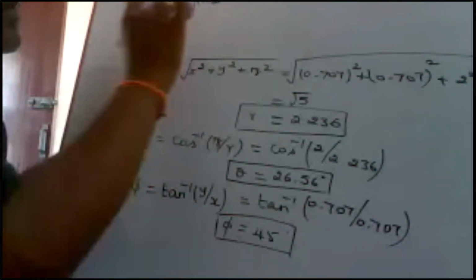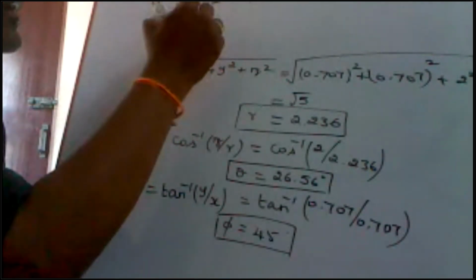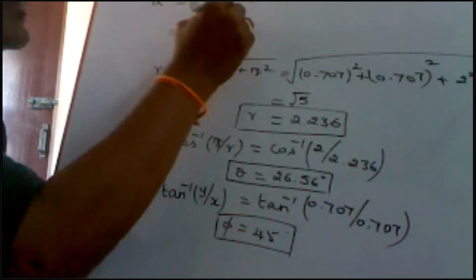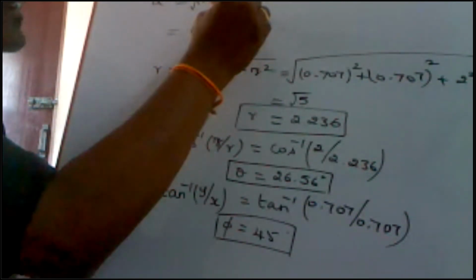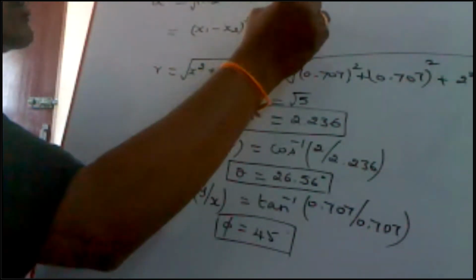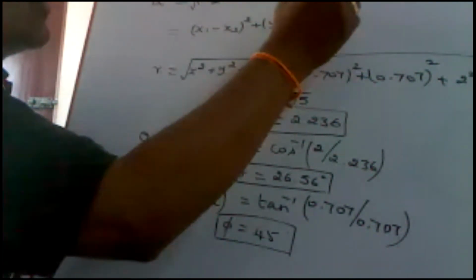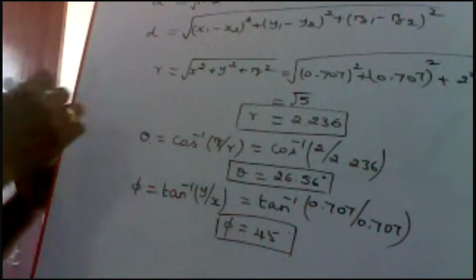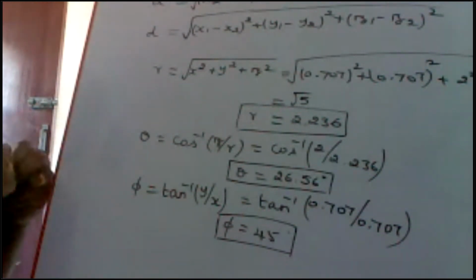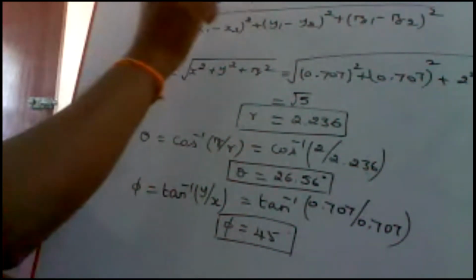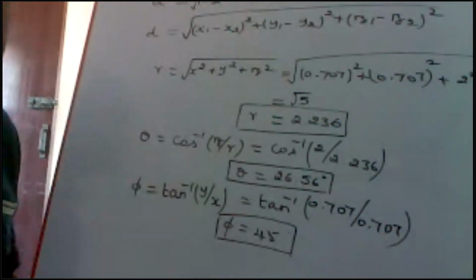Or anyhow we are going to square it, right? So the formula x1 minus x2 the whole square plus y1 minus y2 the whole square plus z1 minus z2 the whole square, whole root will also give the same result. So both are correct. Why? Because we are going to square it anyhow. Minus 1 the whole square is plus 1. We can use either 2 minus 1 or 1 minus 2. Both are same.